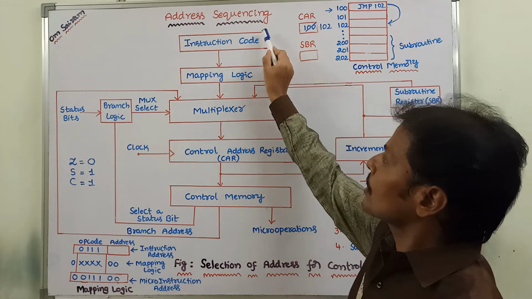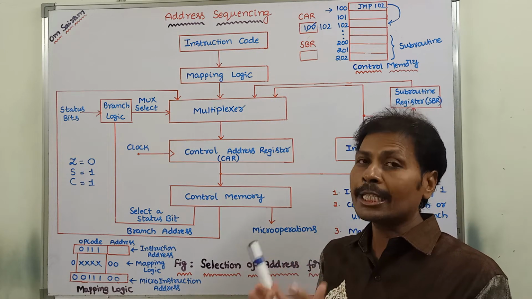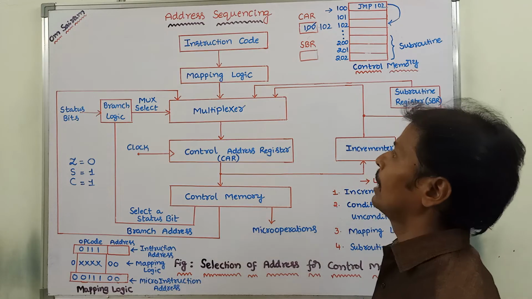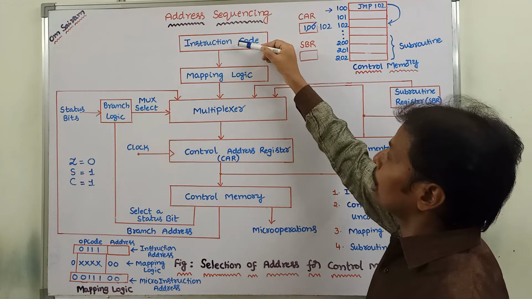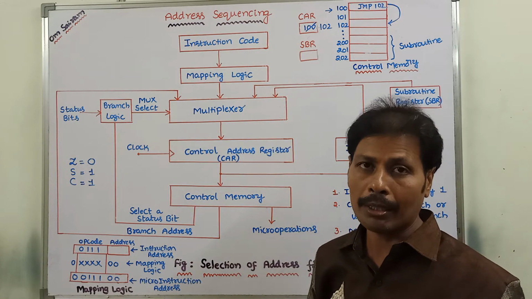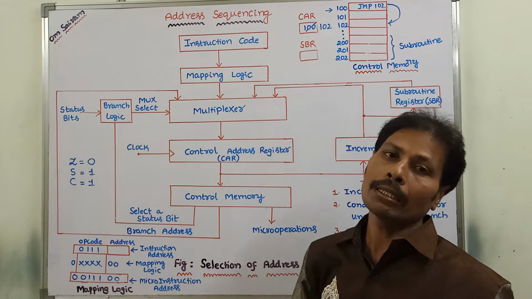Here the instruction code is nothing but the opcode present in the simple instruction format. That 4-bit opcode can be converted into a 7-bit micro instruction address for the control memory by using the mapping logic.